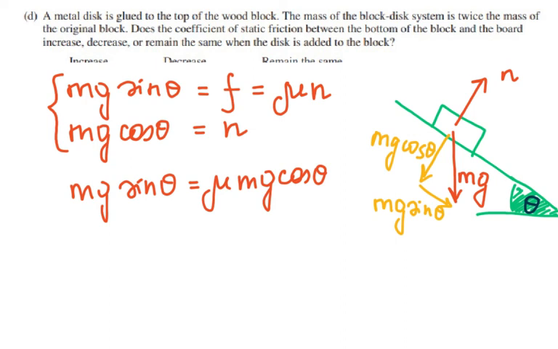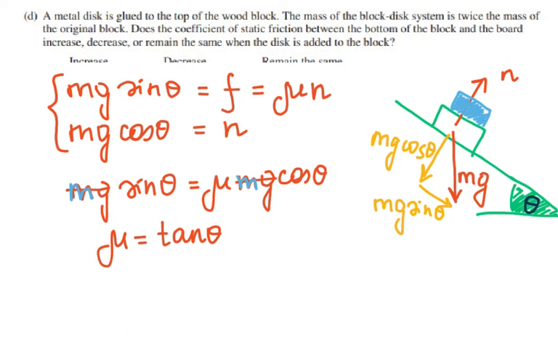And when the mg terms canceled, we had mu equal to tangent theta. So if I add another block on top of the existing block and make the mass bigger, you see that the masses cancel anyway. So the coefficient of friction does not depend on the mass of the block.